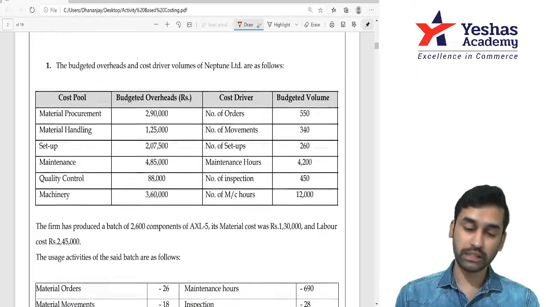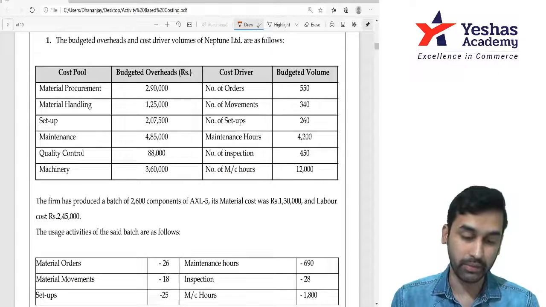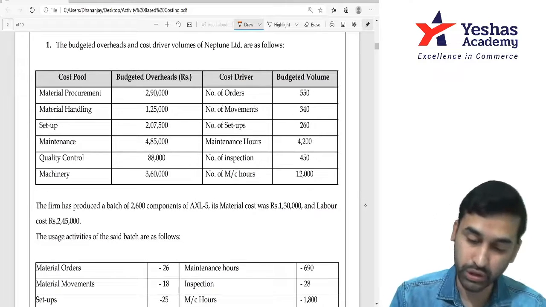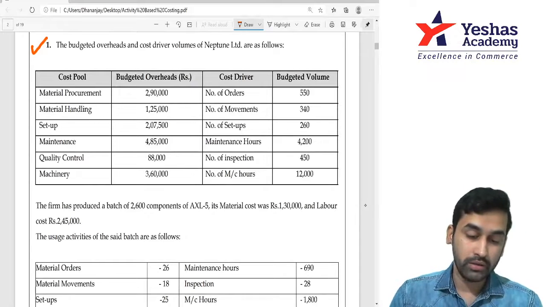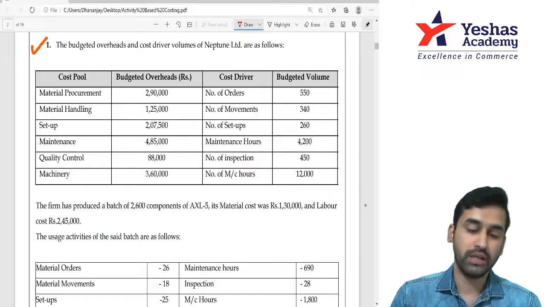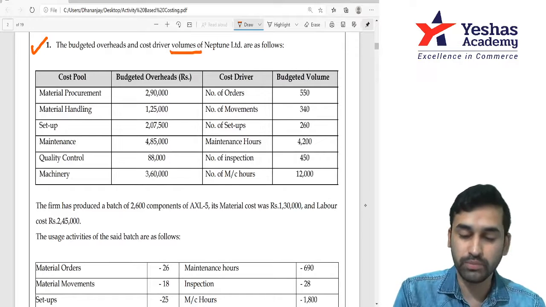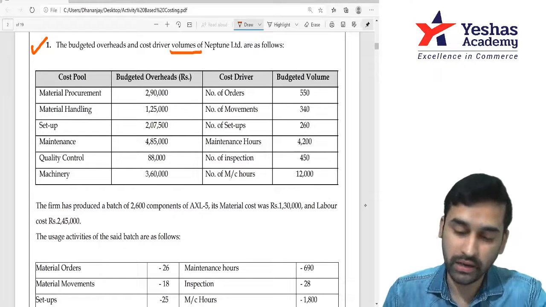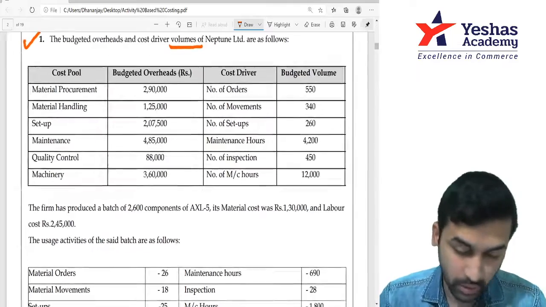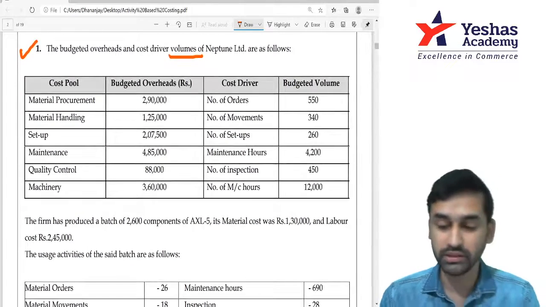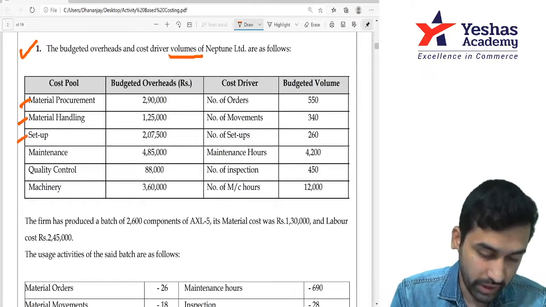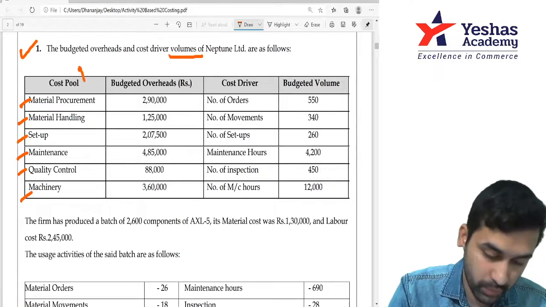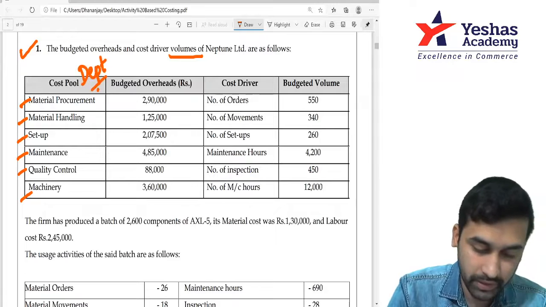Let us now discuss practical problems. Question number 1. The budgeted overheads and cost driver volumes of Neptune Limited are as follows. Sir, what is cost driver volume? This is the new thing you will get to know. Cost pools. You already know what is the meaning of cost pool. Cost pool means department, correct?